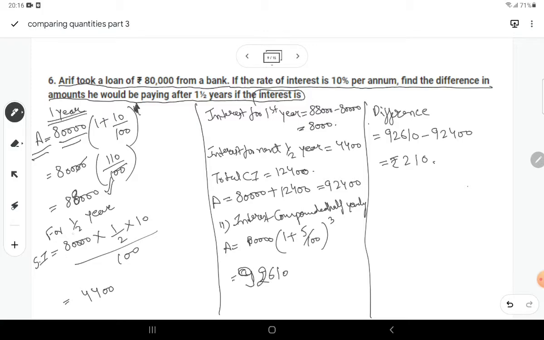And for half year, we calculate it on the simple interest and amount would be the new amount. So we get 80,000 into 1 by 2 half year into 10 divided by 100, which comes out to be equal to 4400.